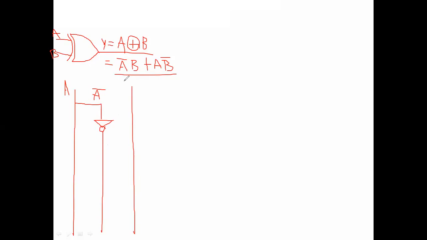Next, two inputs are there. This is B. So how to get B bar? By connecting a NOT gate here.